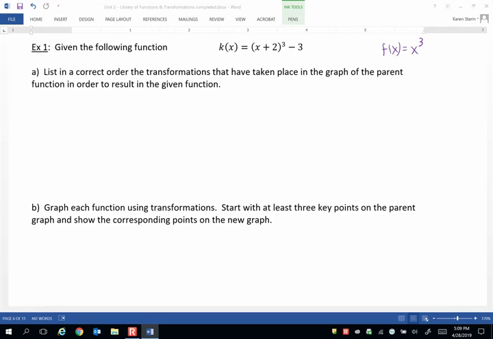So I see one horizontal and one vertical transformation. It really doesn't matter which one of these you list first, since they're separate transformations in the x and the y direction. So let's maybe do the horizontal one first. A horizontal shift. Now remember, when it says x plus 2, that's really a shift left 2 units.